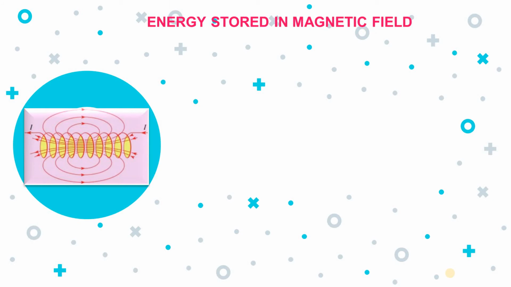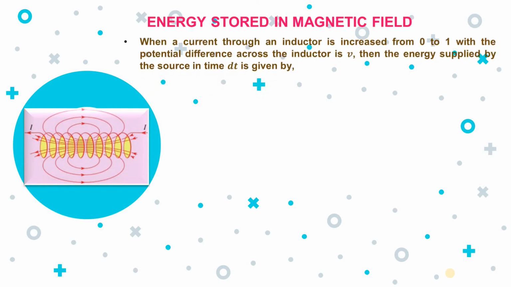Now, the first one we are going to see is energy stored in magnetic field. When a current through an inductor is increased from 0 to I, with the potential difference across the inductor being V, then the energy supplied by the source in time dt is given by, that means, very simple.